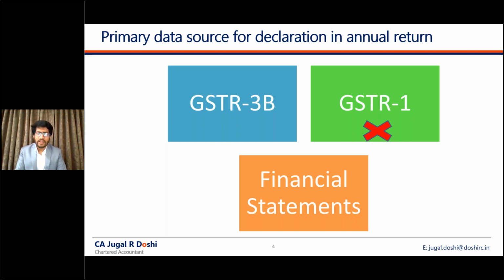So whenever we fill the various tables of GSTR9, we should have one thing clear in our mind: my primary data source is financial statements, and before submitting the return I am going to ensure that GSTR9 cross tallies with my financial statements.